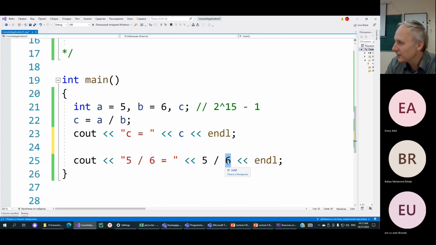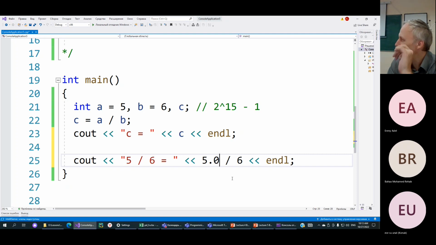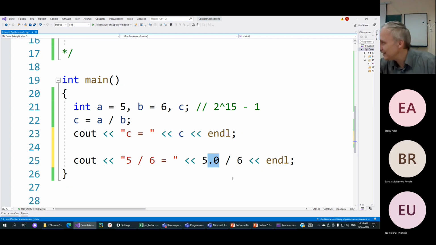And formally, I can put here 0.0. This is a great difference between 5 and 5.0. In mathematics, when you write this number on paper, there is no difference between 5 and 5.0.